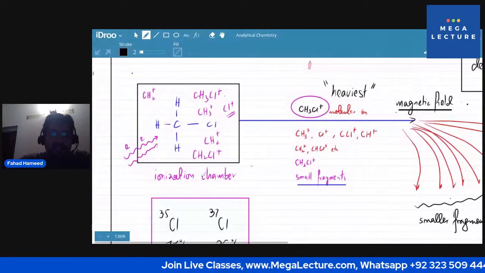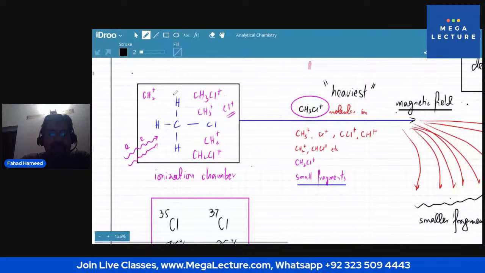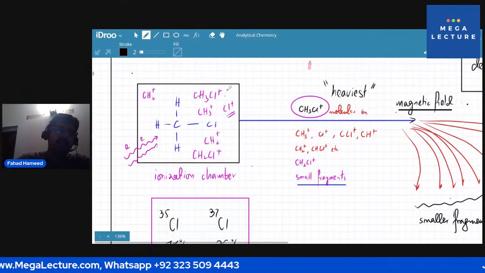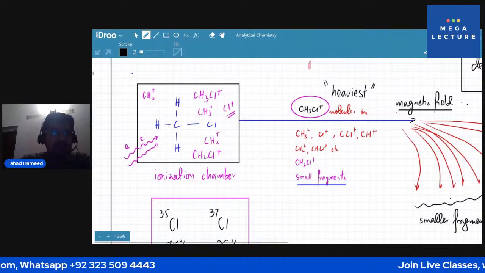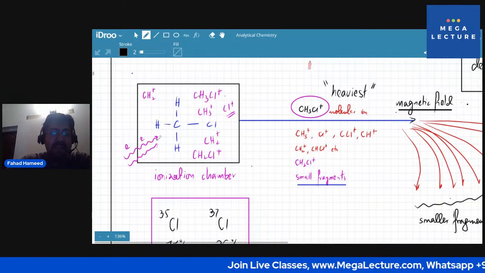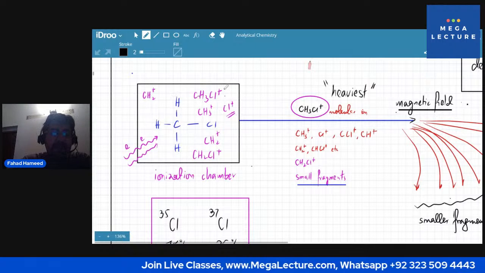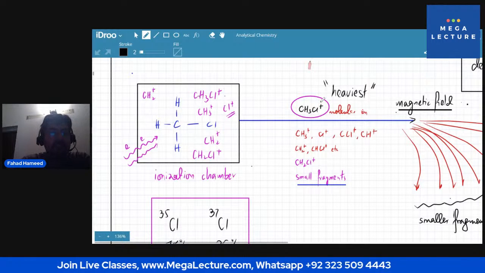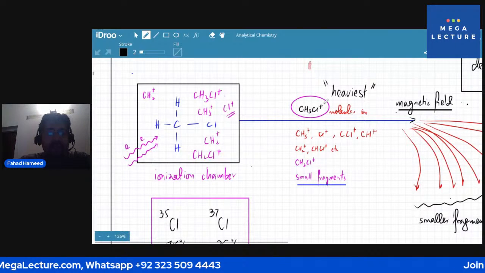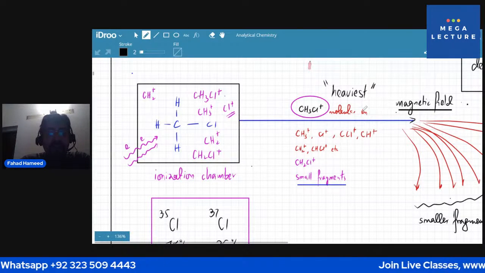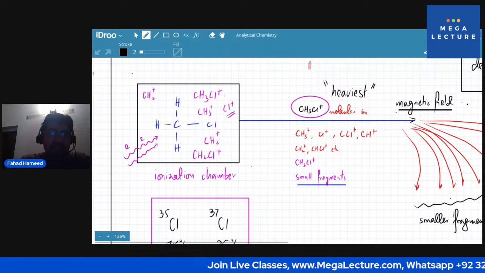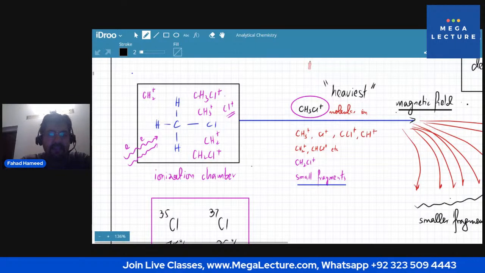That's my ionization chamber. What will happen is this CH3Cl might ionize. It might lose an electron as I am smashing it with lots of electrons, and form a +1 ion. The whole molecule will be intact, except that it would be in the form of an ion, and that is referred to as the molecular ion.